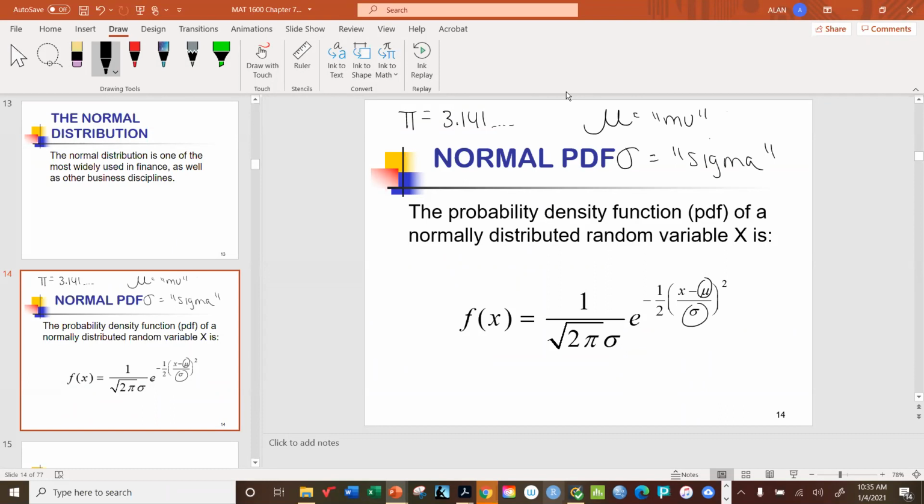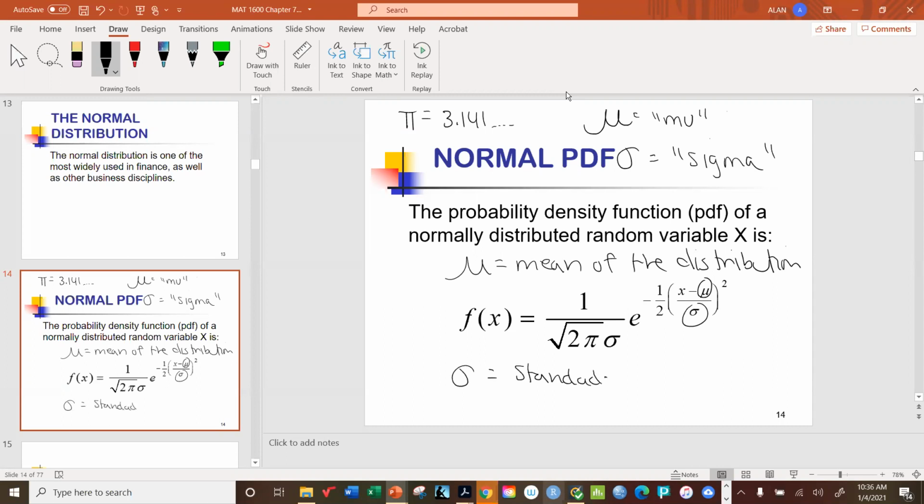You recall that we introduced these when we were studying populations, but they're also frequently used when we're dealing with probability distributions. So mu is the mean of the distribution. And sigma, as you can probably guess, is the standard deviation.